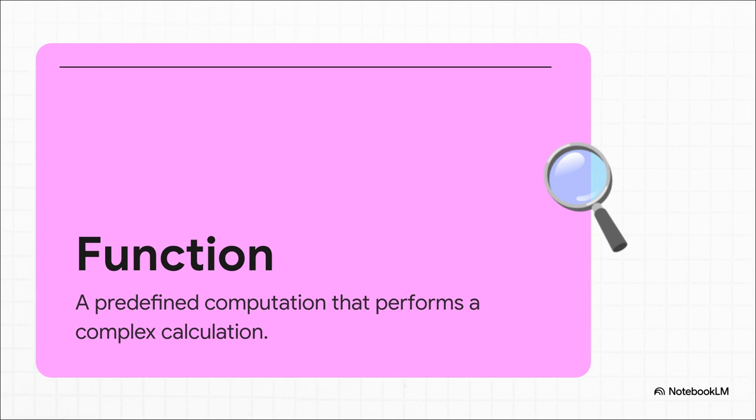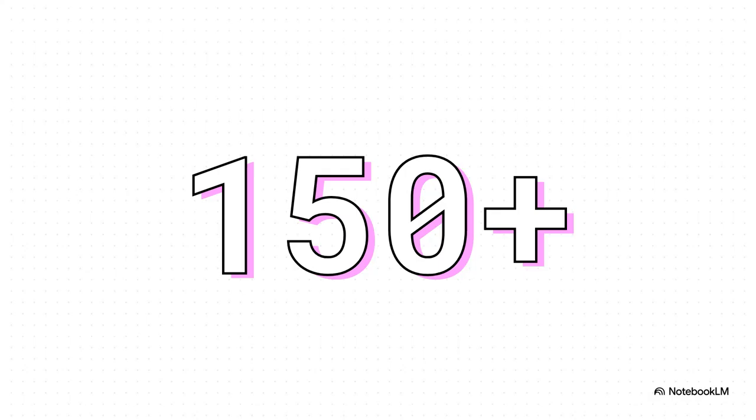It's a huge time saver. And the amount of power we're talking about here is just incredible. A tool like Microsoft Access has more than 150 of these things built right in. That's like having a giant library of pre-made formulas ready to go for pretty much anything you can think of, from complex financial stuff to just working with text.